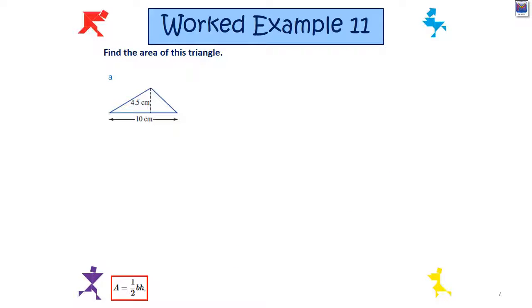Same with this one here. Formula: half base times height. A half times 10 is my base because that's the number on the bottom there, times 4.5. Okay. Now, if you're not sure, you could just get your calculator and do it all, but you don't really need to.